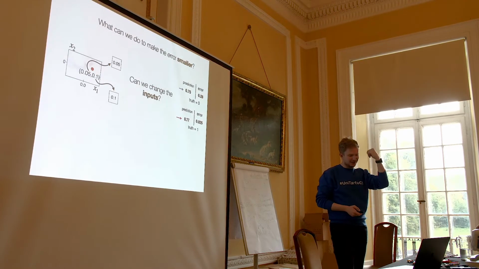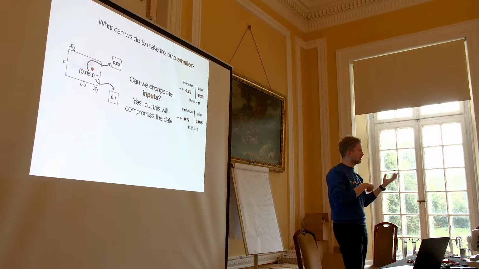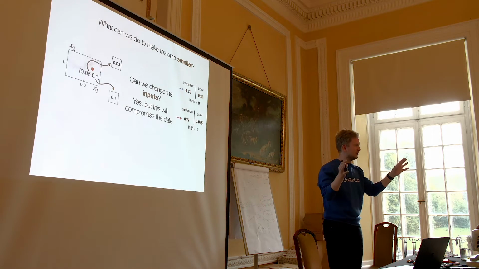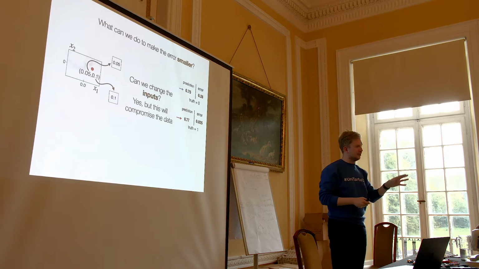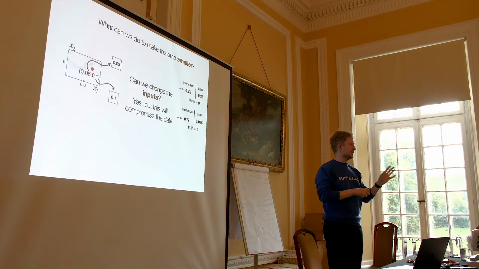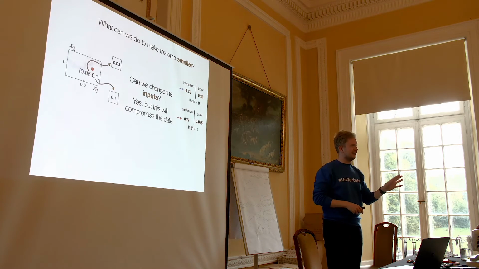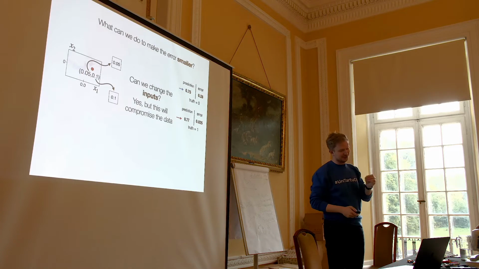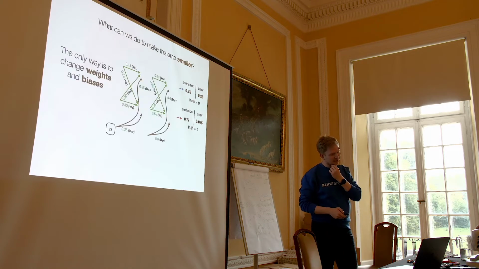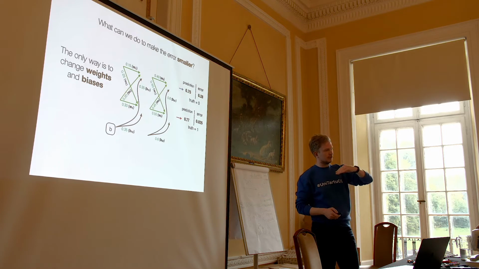Here already somebody said, look, we can actually change the inputs. We can, but this will compromise this, so we're not changing the inputs. Never change the inputs at home. Please don't do it, unless you have authority for doing this. So we're going to change the weights and biases in an attempt to decrease the error.